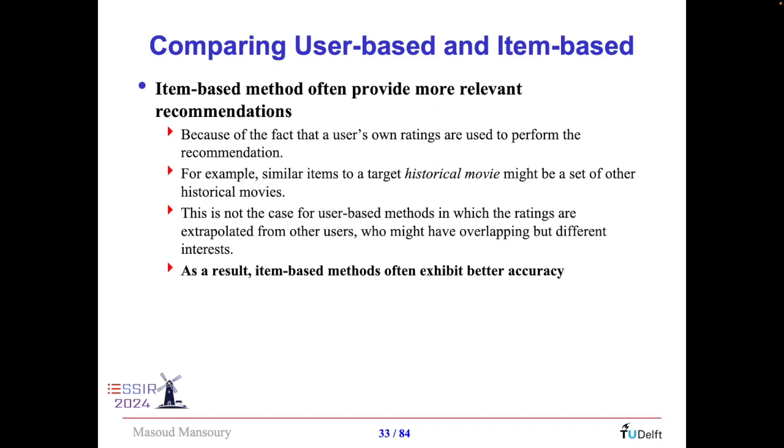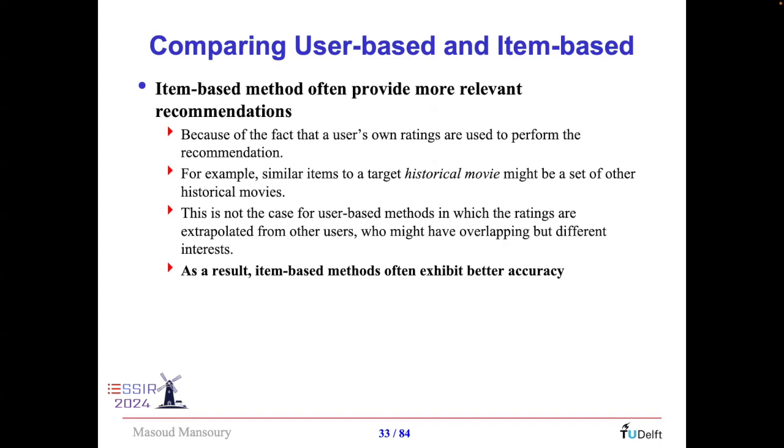In the item-based collaborative filtering, we recommend the items based on the history of interaction provided by the target user. But in the user-based, we follow the opinions of the other users.